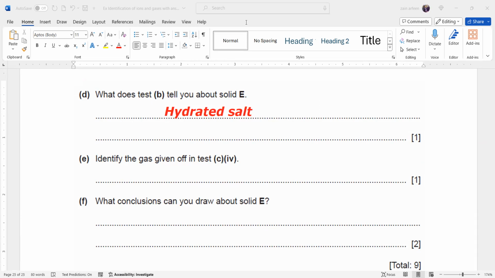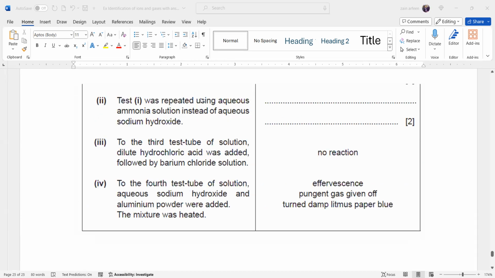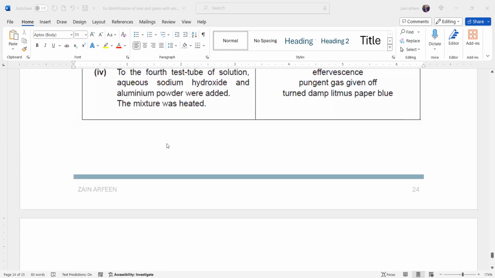Identify the gas given off in C4. Which gas is released in C4? It turned the damp litmus paper blue. The only alkaline gas is ammonia, so the gas given off here is ammonia.